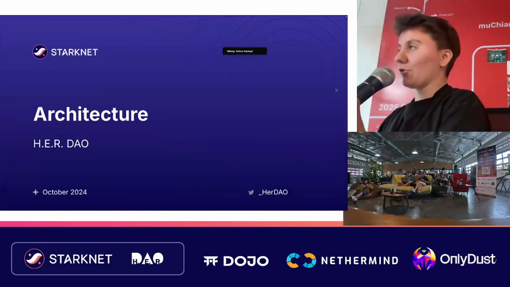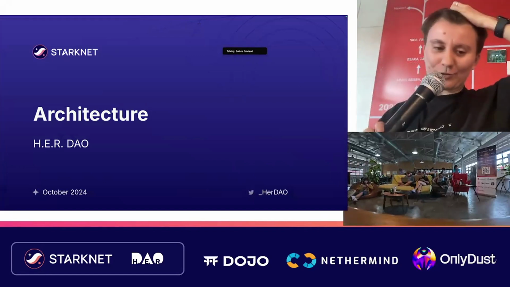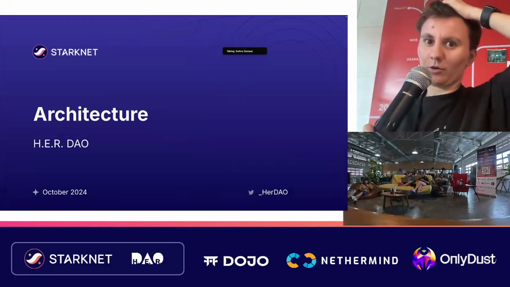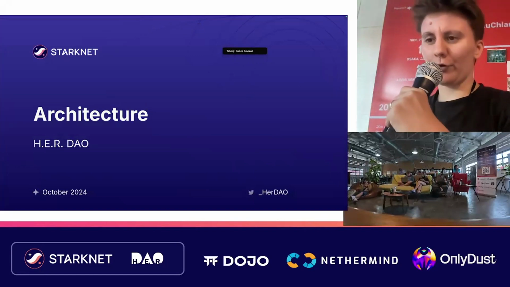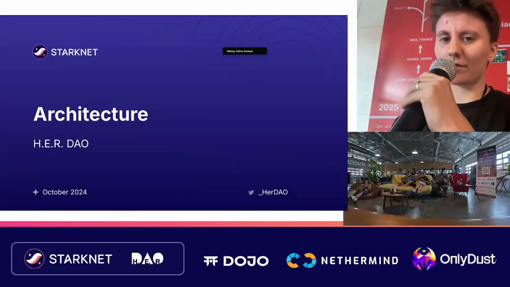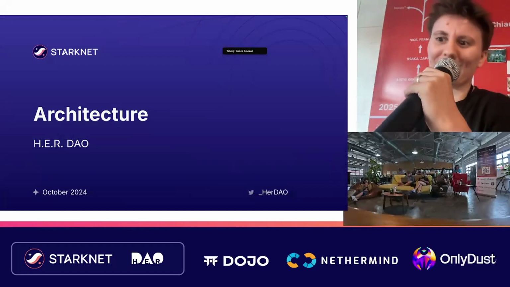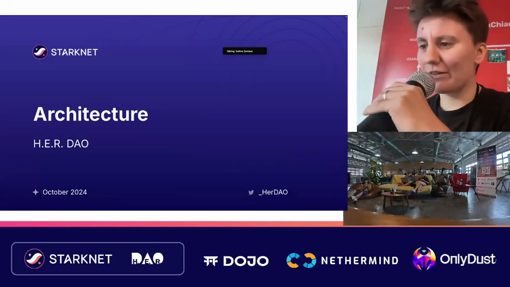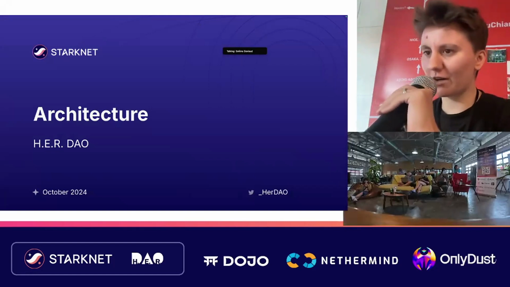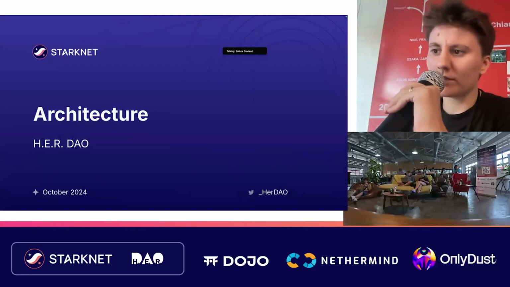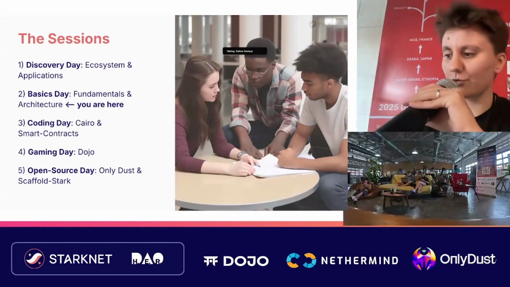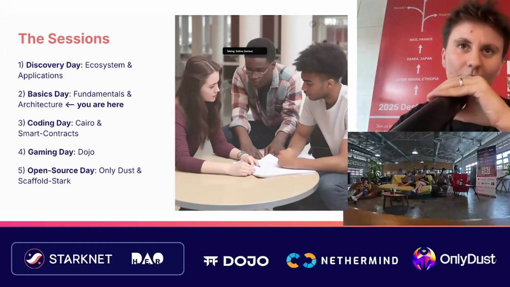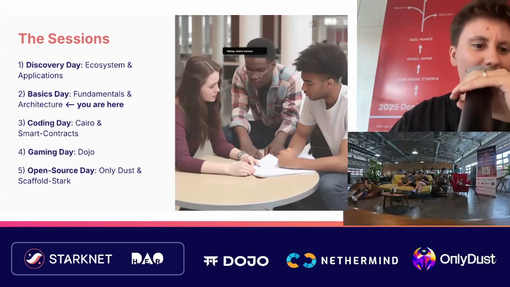So today we're gonna talk about architecture. It's one of the biggest workshops, but I rewrote this one to be more friendly and avoid any confusion. So basically we're gonna cover architecture. We are at the basic days, like we said just before.